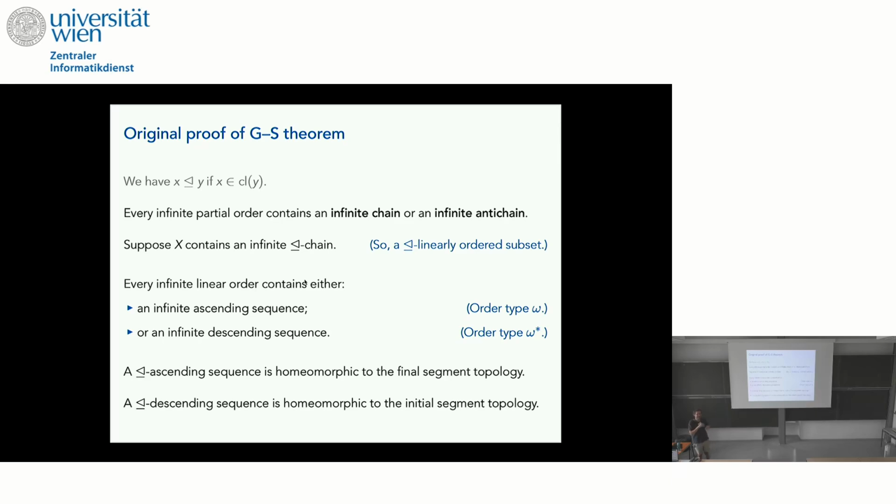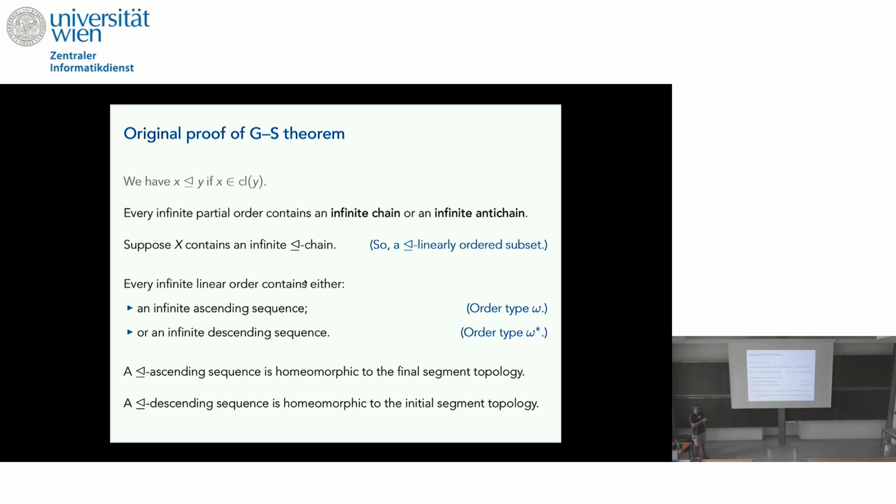And we'll talk about these results more shortly. But if you have an infinite linear order, it either has an ascending sequence, so something of order type omega, right? So everything has finitely many predecessors, or it has a descending sequence, so something of type omega star. So every element has only finitely many successors. Okay.